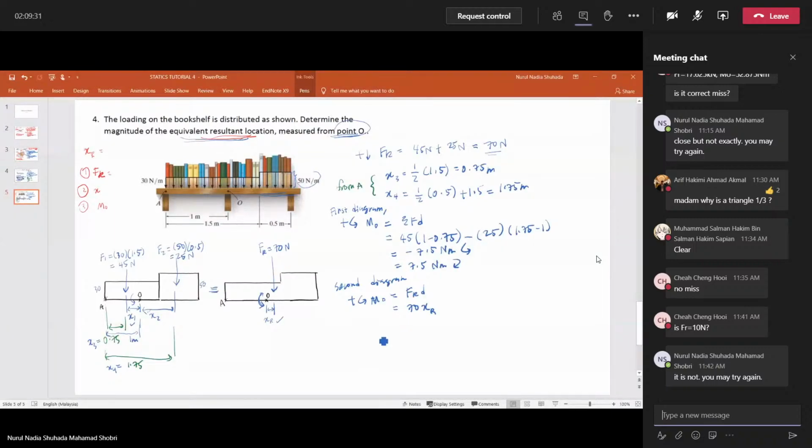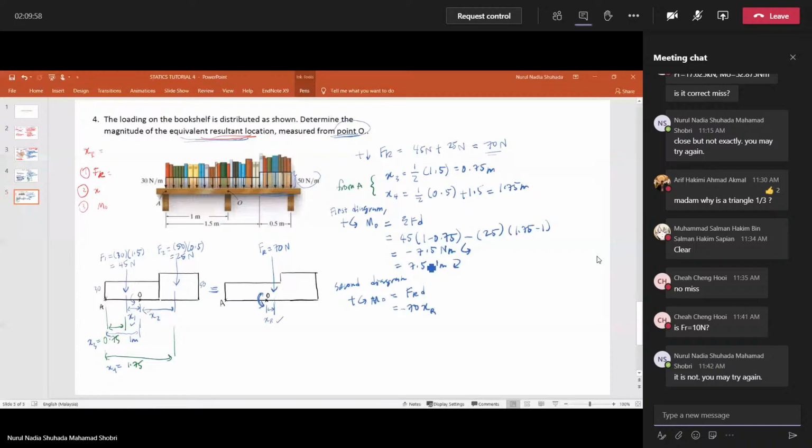Sorry, I assume the force to be on the right side here. The rotation is anti-clockwise, so the direction of the resultant force, if I assume it to be here, will be clockwise. That's why it's negative.